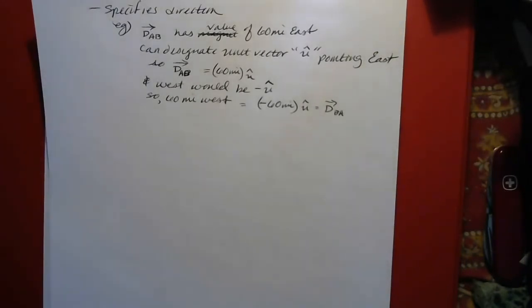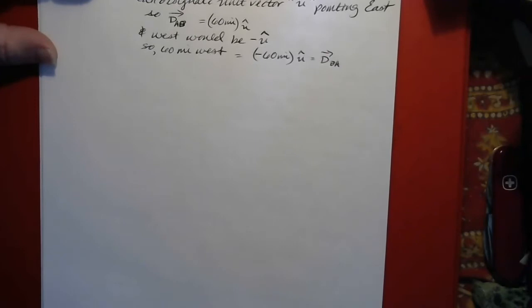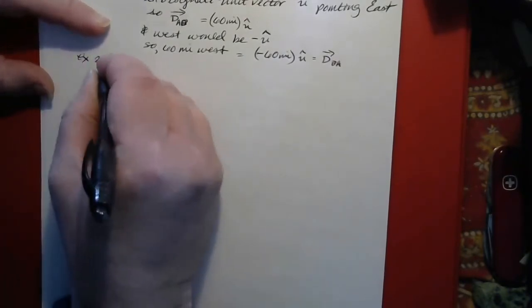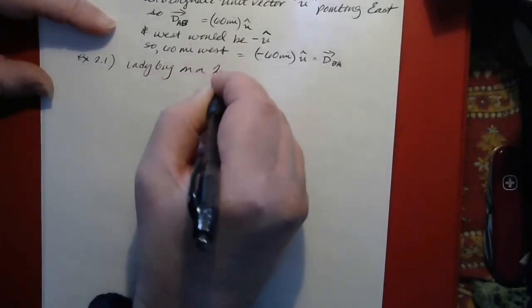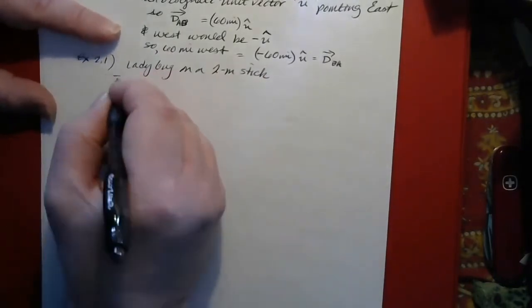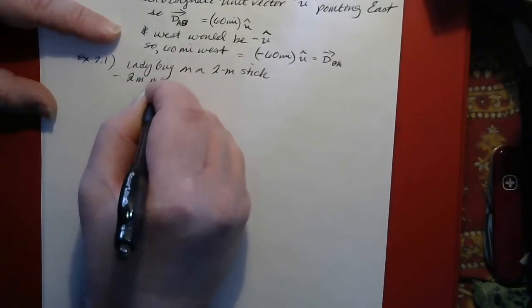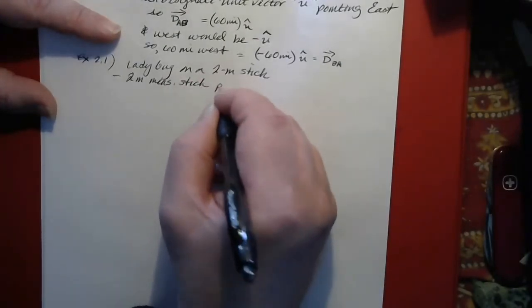There's an example in the book that we can go over about a ladybug crawling down a, well, I call it a meter stick, only it's apparently 2 meters long. So a ladybug on a 2-meter stick. Okay, we have a 2-meter measuring stick leaning on a wall.